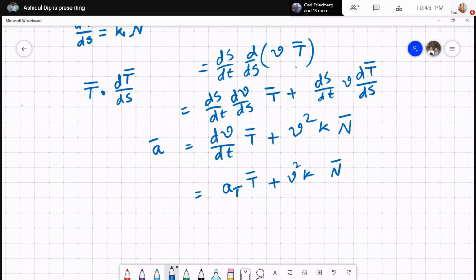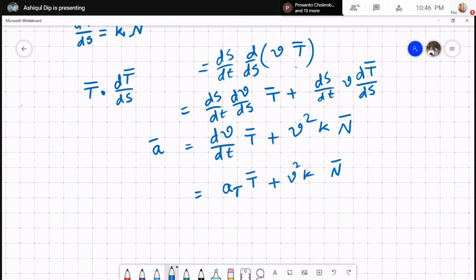So from this point, it's clear that our acceleration totally lies on the Tn plane, and the velocity is just along t. That means for the important quantities of motion, velocity and acceleration, Newton's law is enough. If you know the initial position, initial velocity, and Newton's law defines the acceleration at that point, then you know everything about the motion.